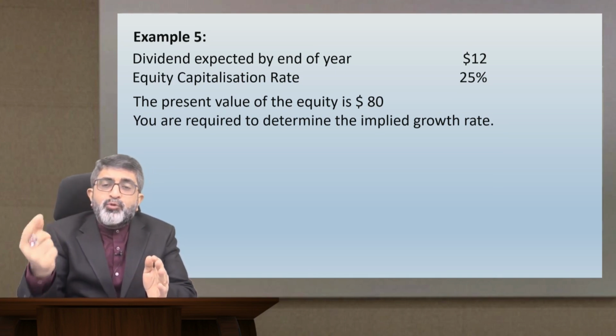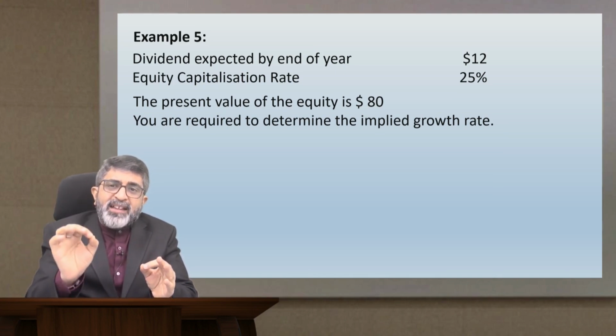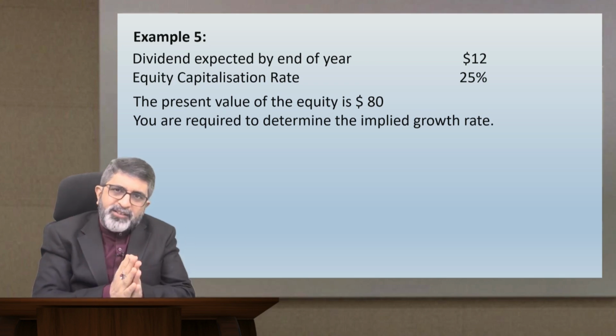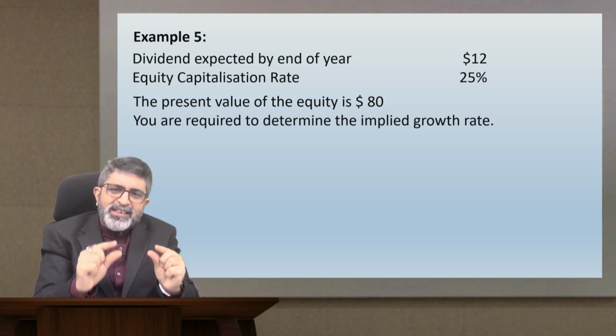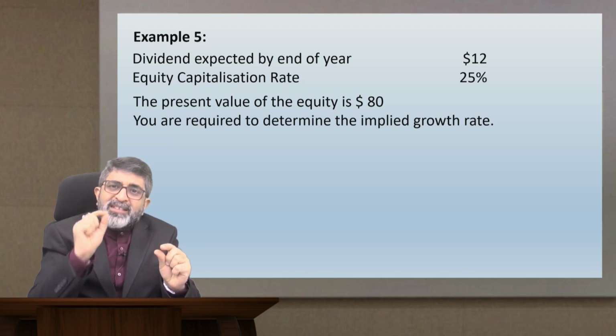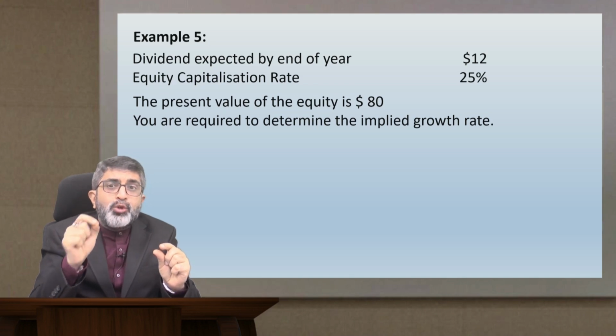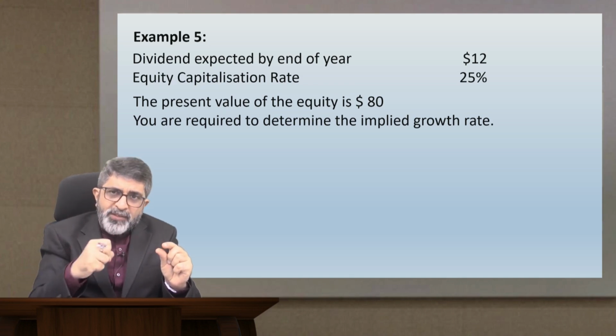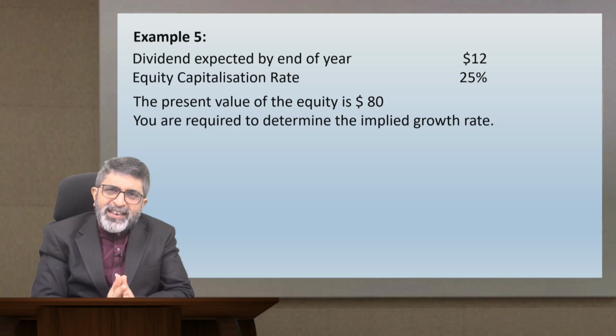D1 is given as $12. KE is given as 0.25 or 25%. So you put the values which you know in Gordon's model formula, and the missing value, that is the growth rate, will then be obtained out of that, which is termed as implied growth rate. So implied growth rate you can easily determine through Gordon's model.